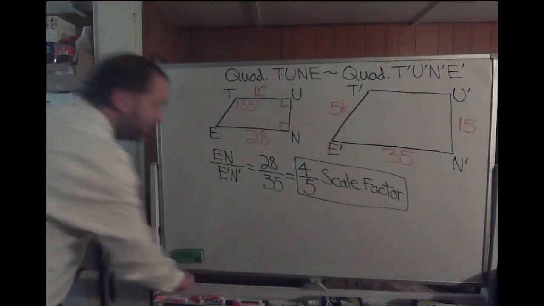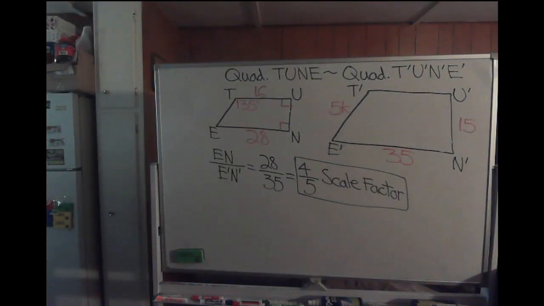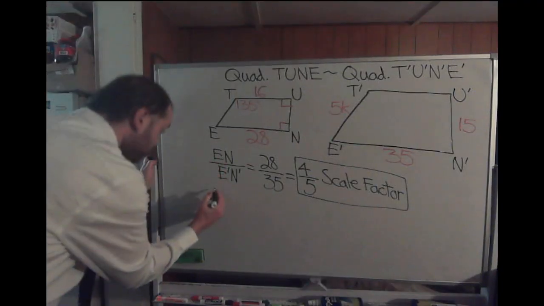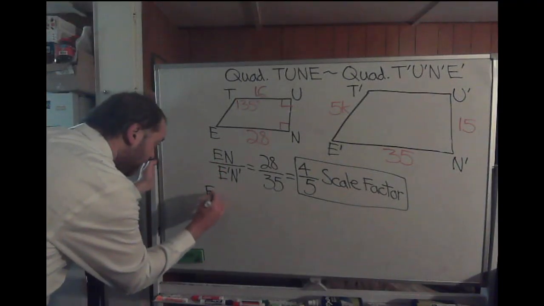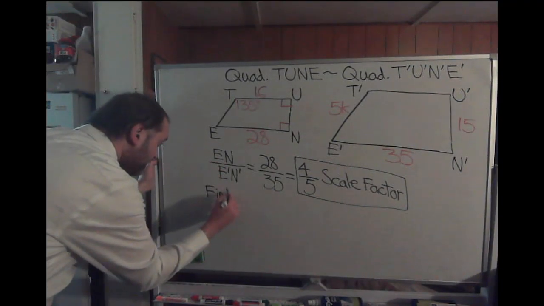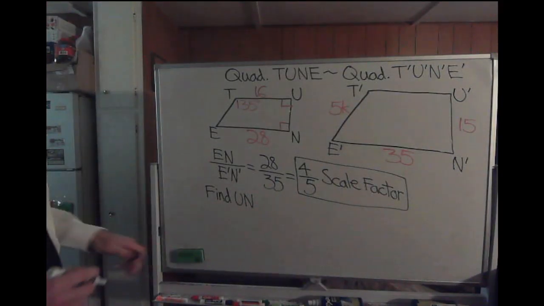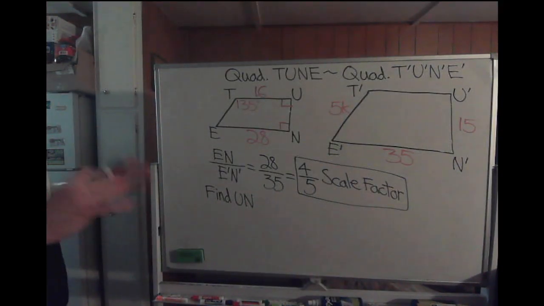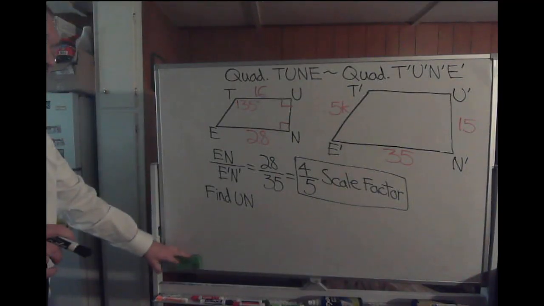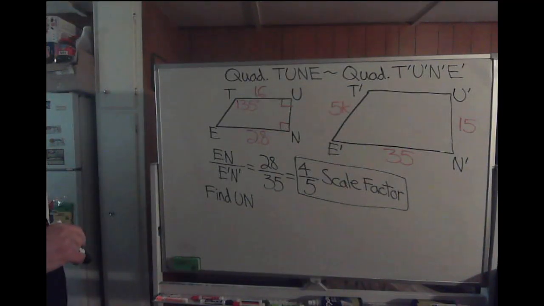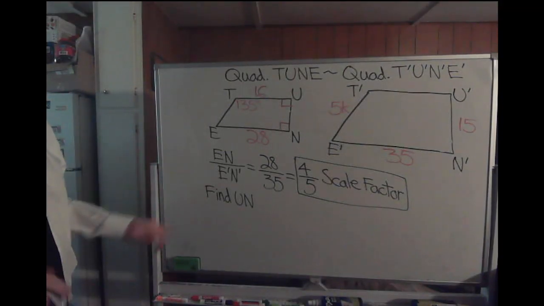What do they want us to find next? Alright, so this time we're going to find UN. We are going to find side UN. Okay? So how are we going to find the missing side? Well, to find a missing side, you set up your proportion.